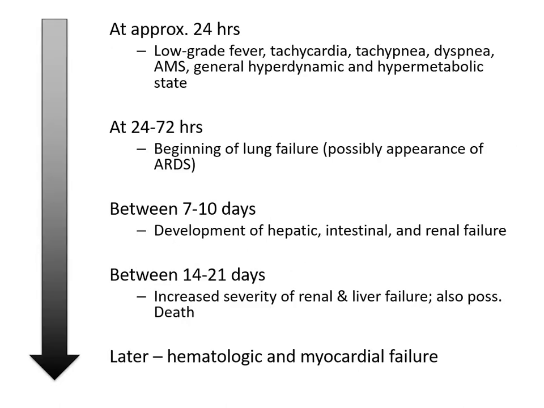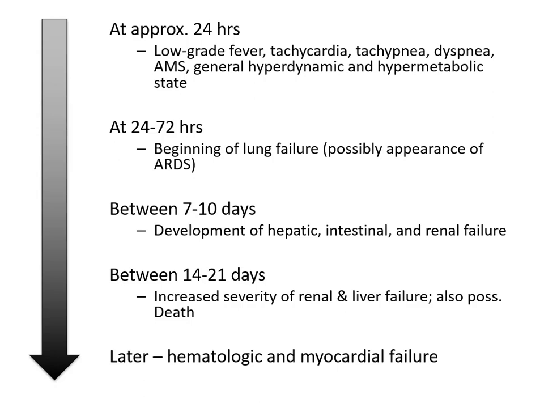In looking at the trajectory, at approximately 24 hours, there will be low-grade fever, tachycardia, tachypnea, dyspnea, altered mental status, and a general hyperdynamic and hypermetabolic state. At 24 to 72 hours, there is the beginning of lung failure and possibly the appearance of ARDS.